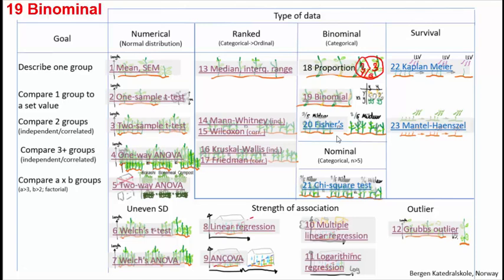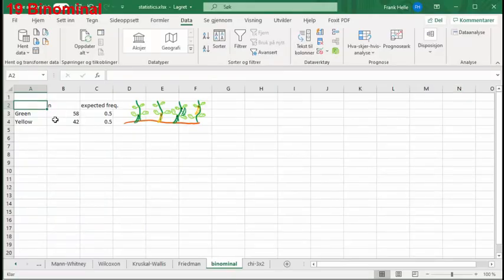If you're going to compare a population of binomial data with an expected fixed value, let's say you are counting yellow and green plants in the F2 population, and your Punnett square says that it should be 50% yellow, 50% green. We can look at these data here. So we got 58 green plants in the F2 and 42 yellow.